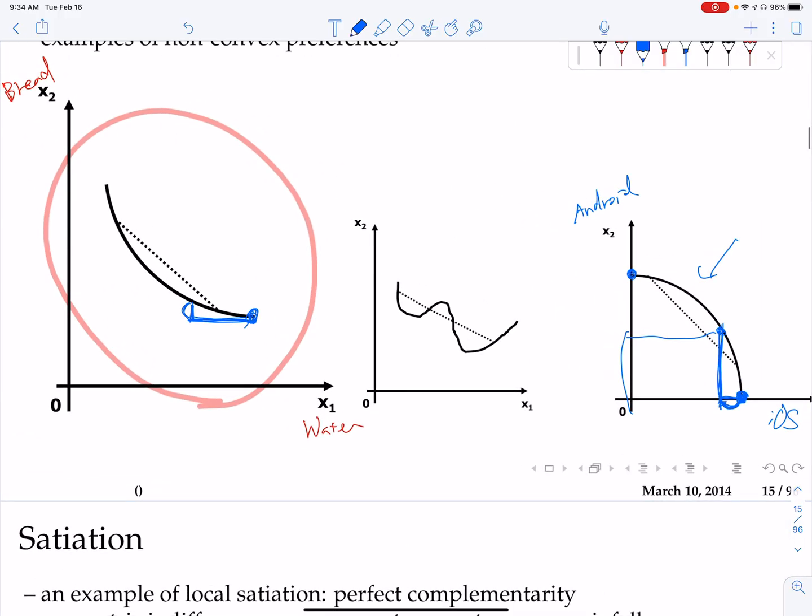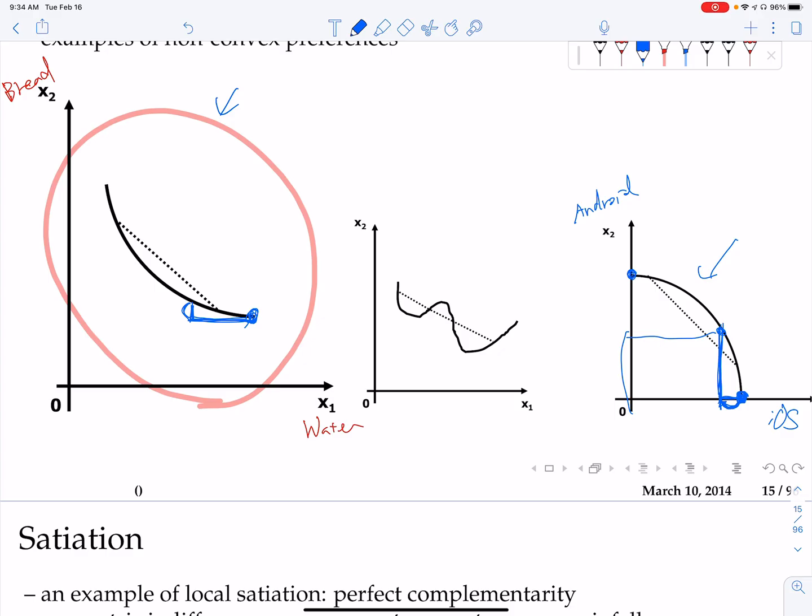I'm not saying the third case is never a possibility. We can definitely think of a situation where the indifference curve looks like the third graph, but in most of the sensible cases, the indifference curve will look like the first graph. So unless mentioned otherwise, we'll stick with the first graph.